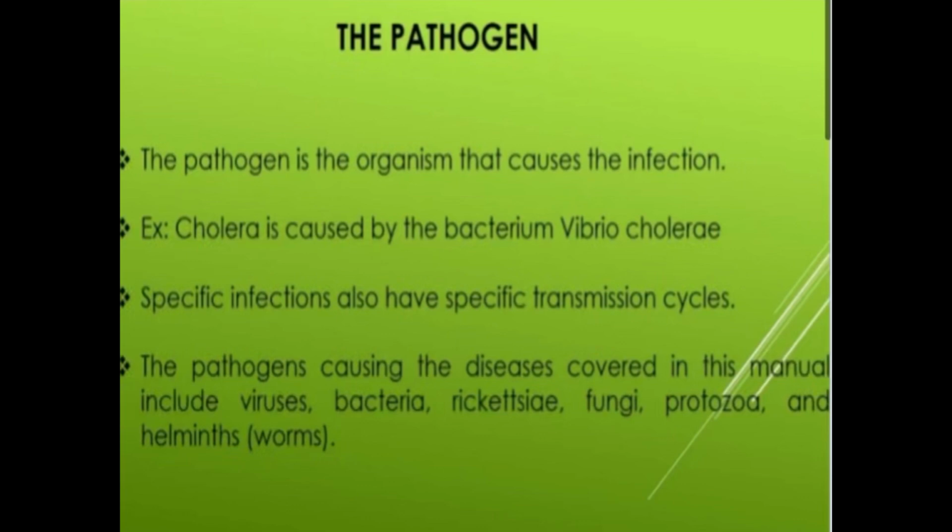For example, cholera is caused by the bacterium Vibrio cholerae. Specific infections also have specific transmission cycles. The pathogens causing the diseases include various microorganisms like viruses, bacteria, rickettsiae, fungi, protozoa, and helminths, which are worms.